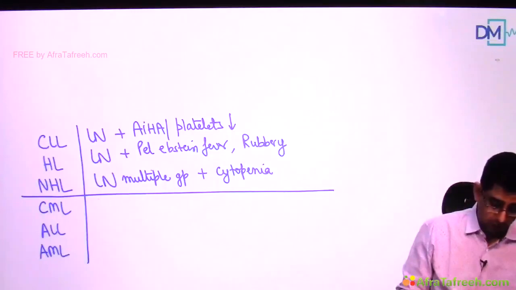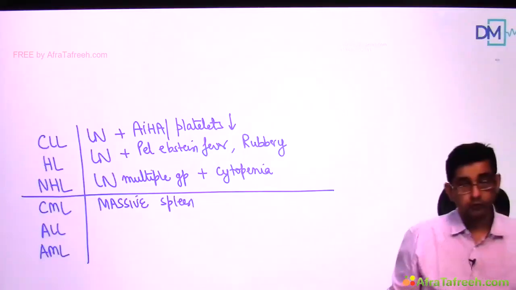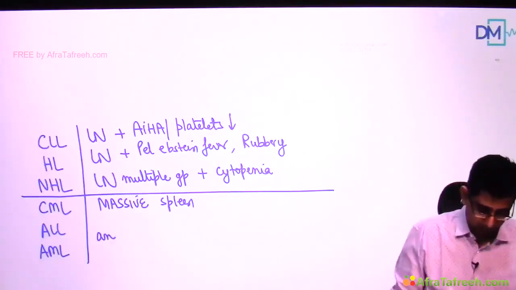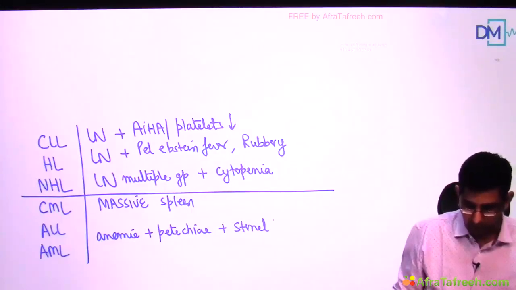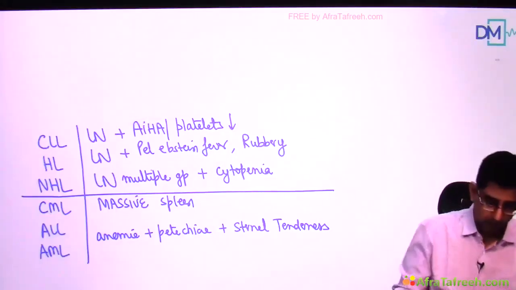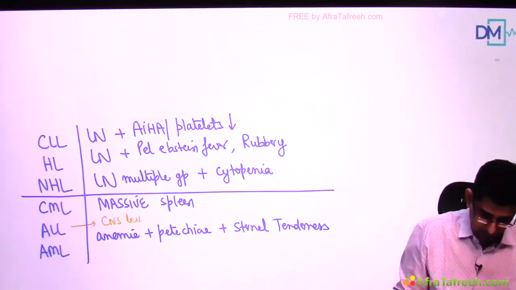For chronic myeloid leukemia, the easy pickup point will be not a lymphadenopathy but a massive spleen. For the acute leukemias, there will always be development of fast onset anemia with bleeding, with sternal tenderness. I've already informed you that if he talks about CNS involvement, then you need to think in terms of lymphoblastic leukemia.